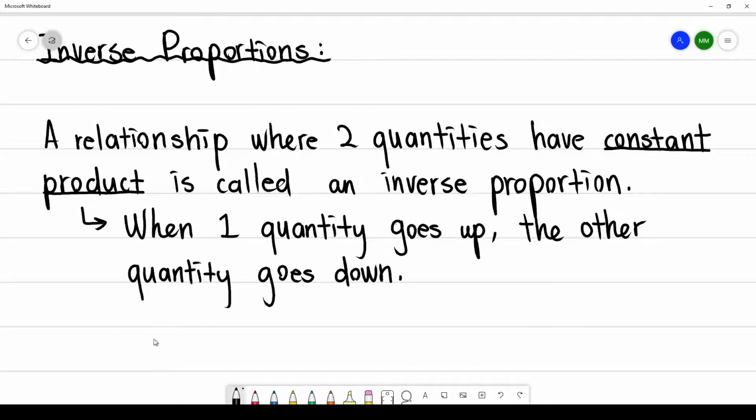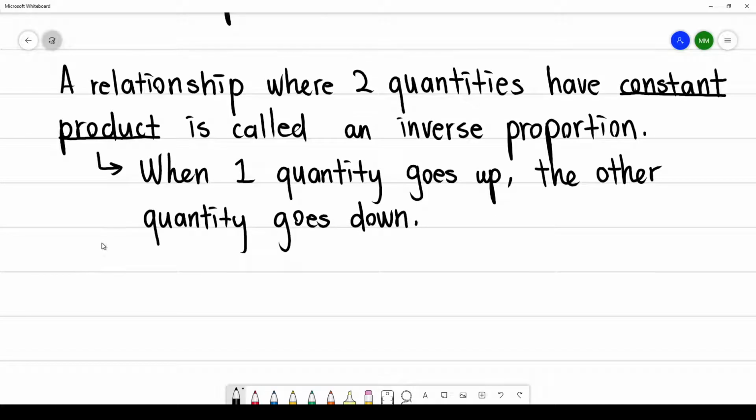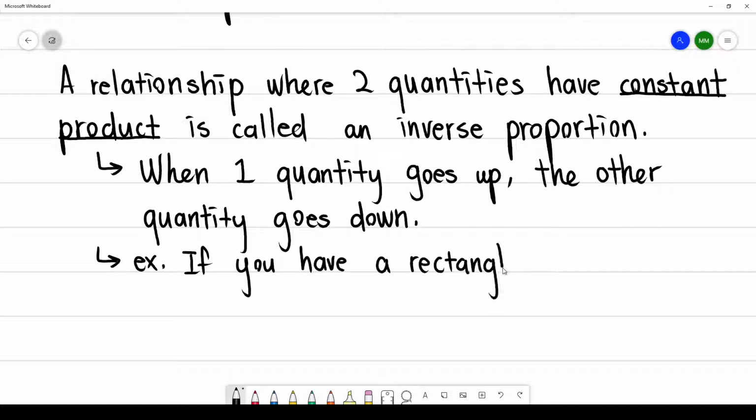So if you can imagine, an example: if you have a rectangle with constant area.